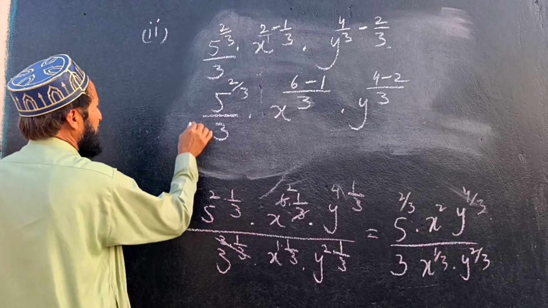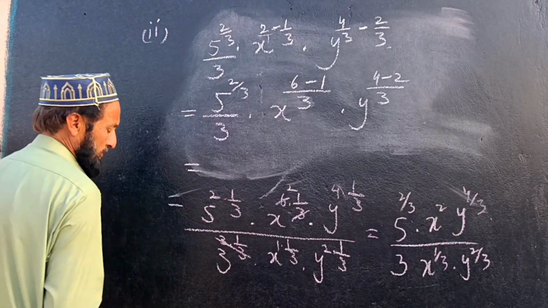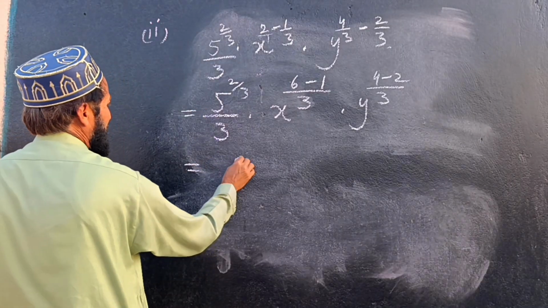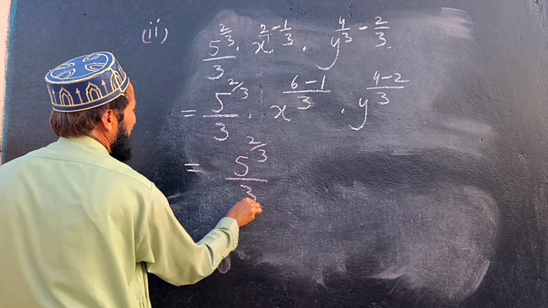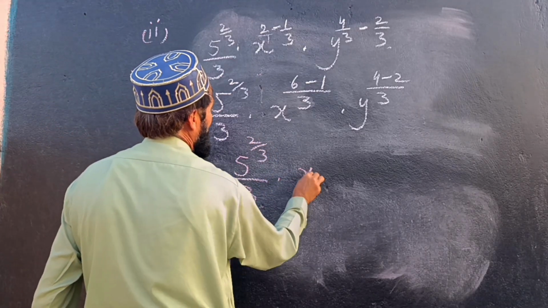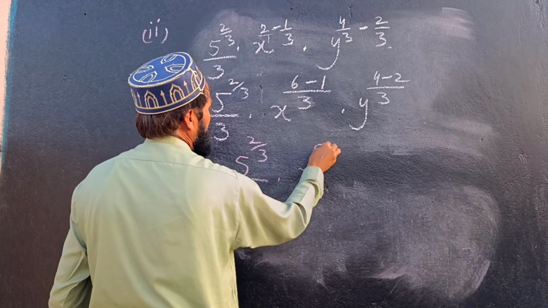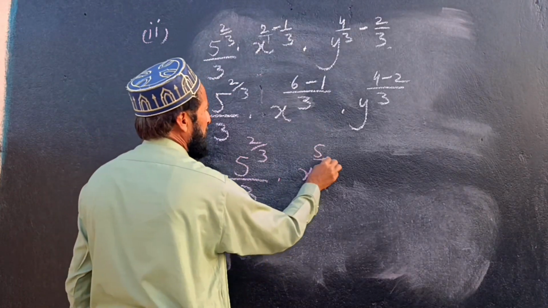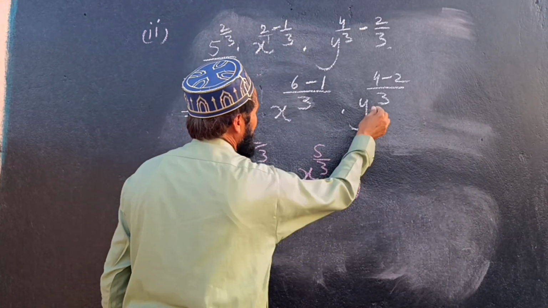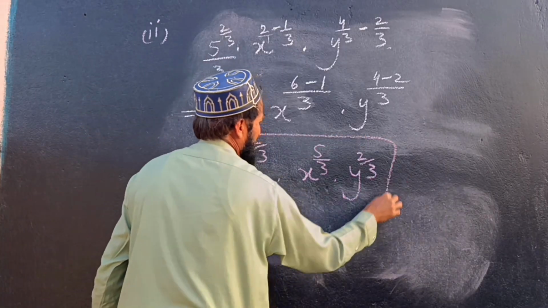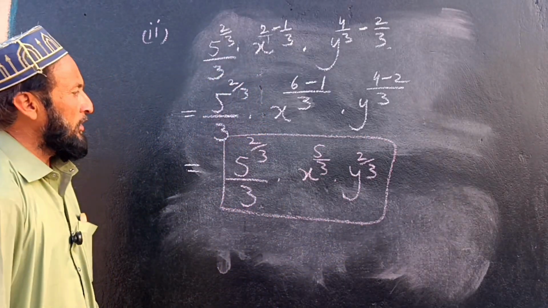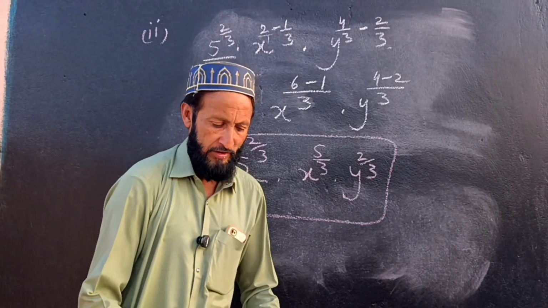Now further this will be equal to 5 exponent of 2 by 3 divided by 3, into x power 5 by 3 into y power 2 by 3, as the solution of the simplification of this question number 2 part second.